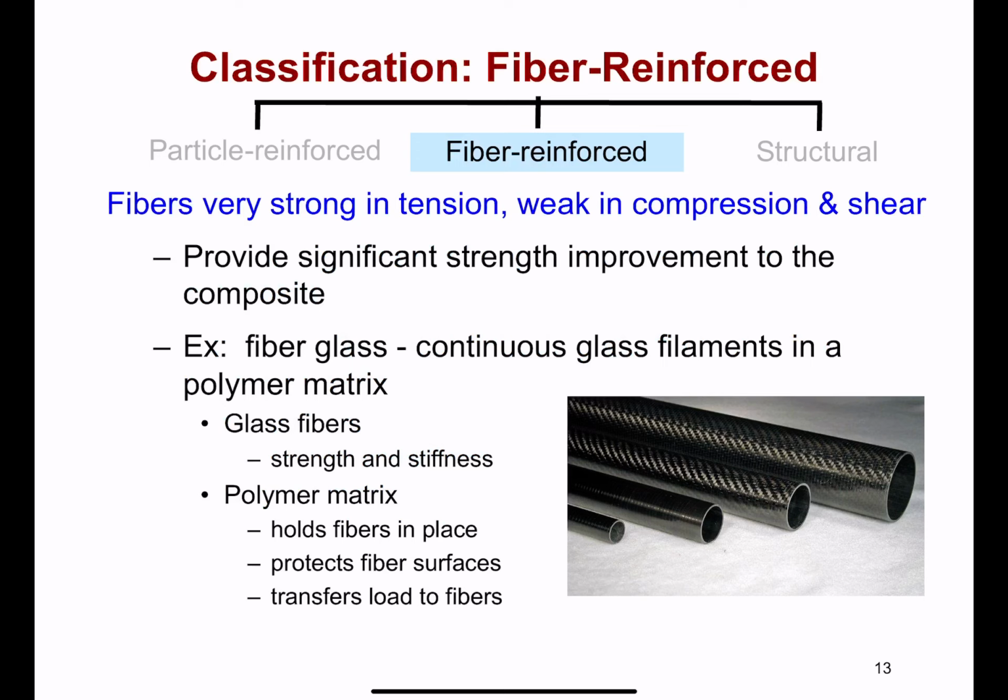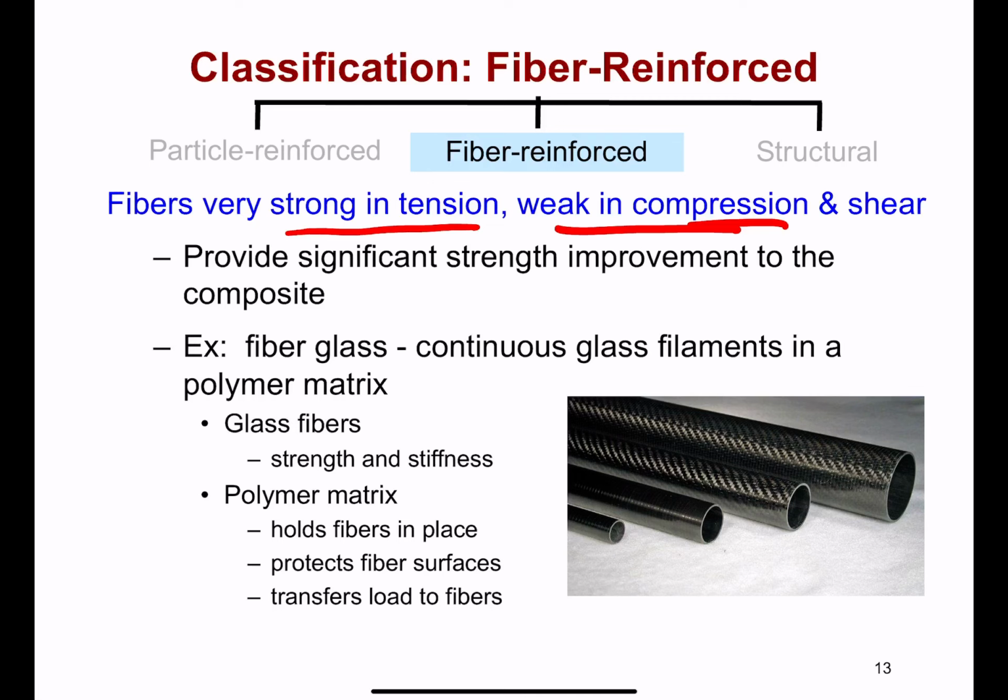Okay, so let's speak more about these fiber reinforced composites. So as you might know, fibers are going to be very strong in tension, but they're going to be more weak in compression, so they'll kind of buckle under the compression load condition.